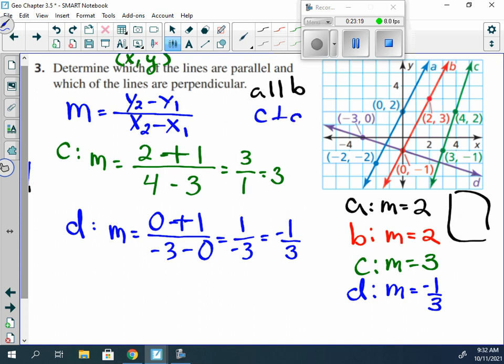Yeah, C would be perpendicular to D. What is the opposite reciprocal of -1/3? Well, we would change it from negative to positive, and 1/3 would just become 3/1, which is 3. And that's it.